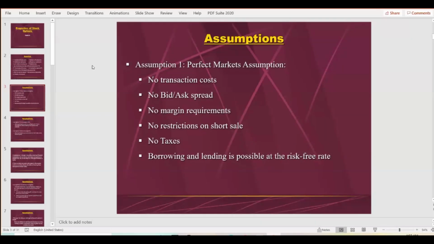Under this assumption, there are no transaction costs, there is no bid and ask spread, we do not have any margin requirements, there are no restrictions on short selling, there are no taxes, and most importantly, borrowing and lending is available at the risk-free rate. So whether you want to borrow money or lend money, it's gonna be at the risk-free rate.